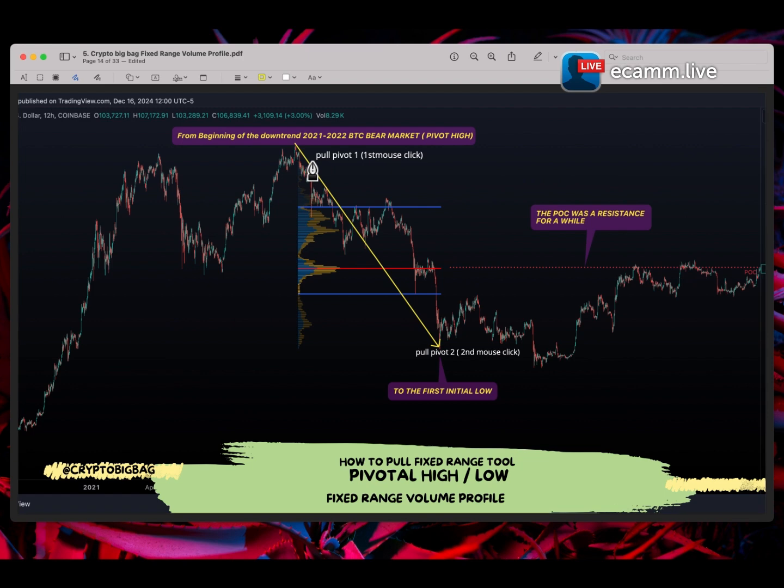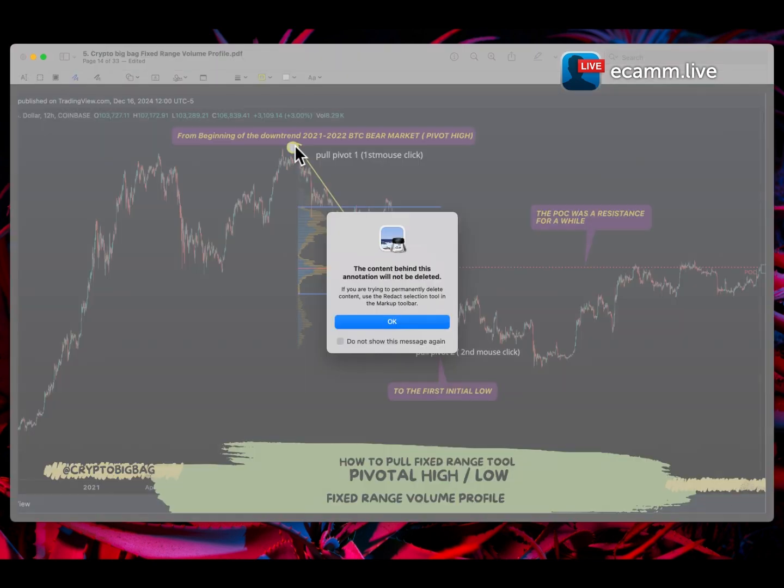In this example, you can see the beginning of a pivot high. This is the Bitcoin chart. The 2021 to 2022 bear market high.